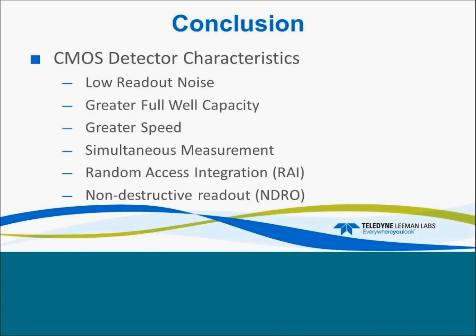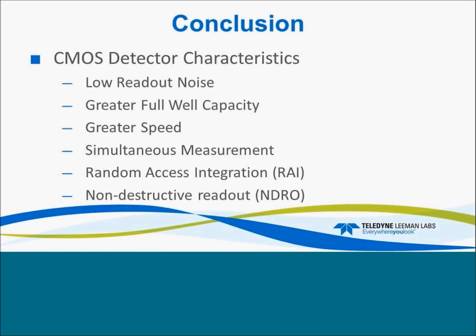So just to sum up, we've looked at this detector and the characteristics of the detector. Again, low readout noise, a factor of 10 better than what we had on the LPAD. It's got greater full well capacity. We're going to be able to give you better linear ranges, right? Greater speed, better sample throughput because of the data read speed.